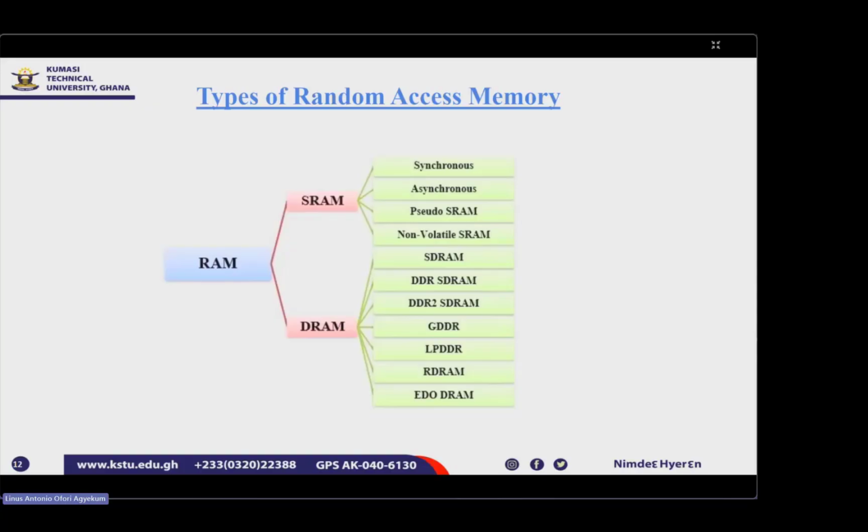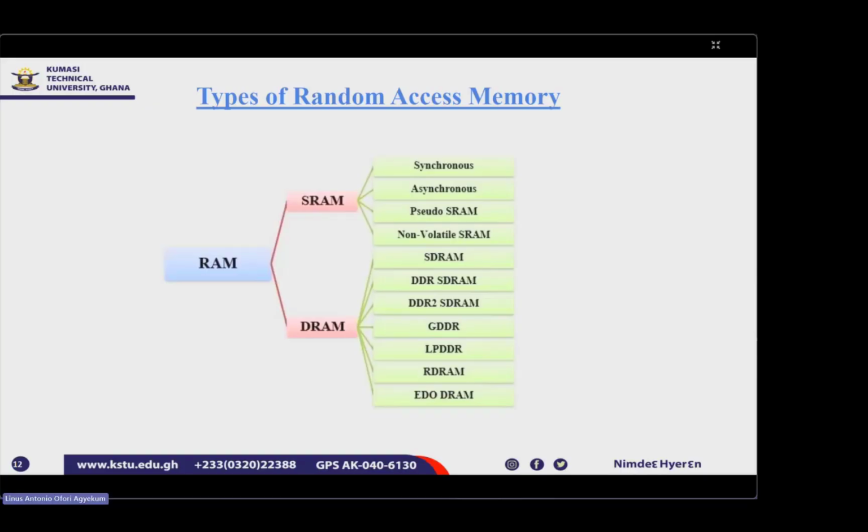So for the SRAM, we have the synchronous, asynchronous, pseudo-synchronous, non-volatile. For the dynamic, we have the SDRAM, then the DDR SDRAM, then the DDR2 SDRAM.